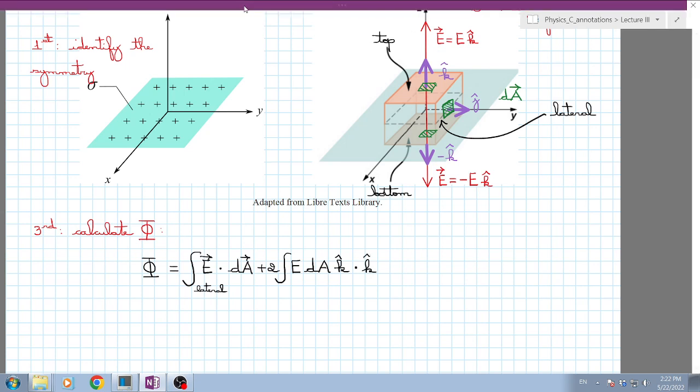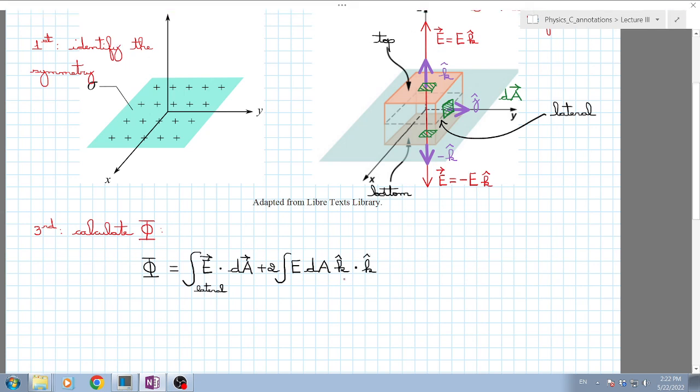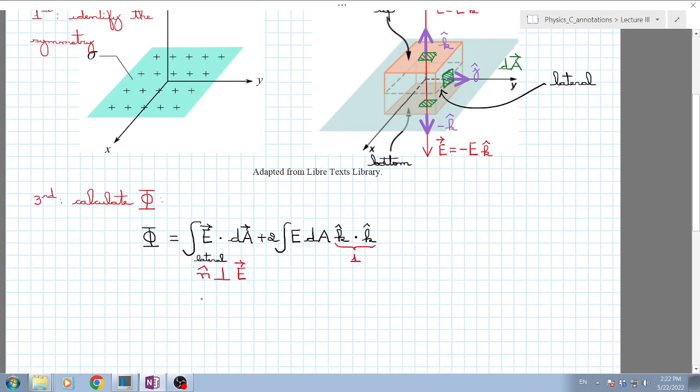And this is going to be easy. This one is going to be 1, and for these two, since the normal vectors for the x and y directions are going to be perpendicular to the electric field, this has as a consequence that this scalar product is going to be 0.